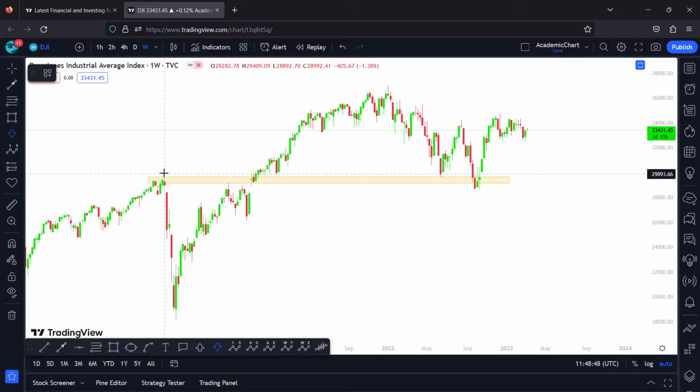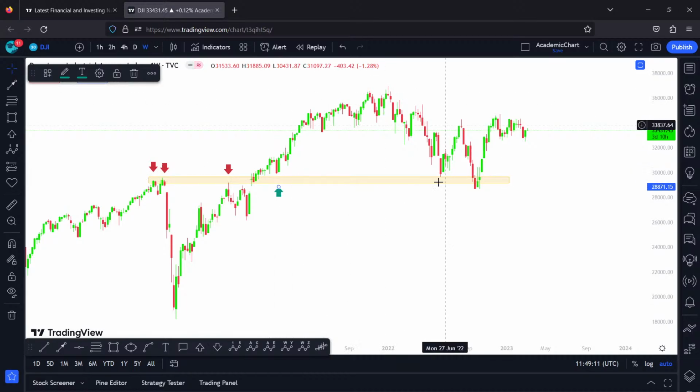Let's clarify it by indicating two red arrows here, because it was working as resistance. It dropped again a third time, but with a gap, finally it broke. When it retested, it just played a role as support. Again, the polarity principle.